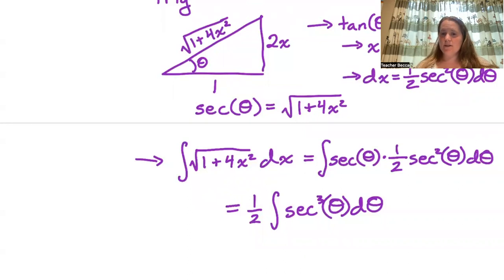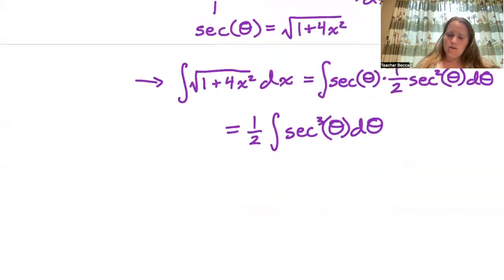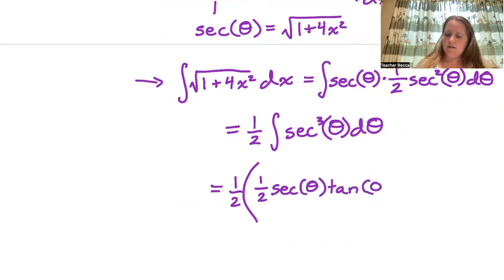Secant cubed is one that we know. So we have 1/2 times, we have 1/2 secant theta tangent theta plus 1/2 times the natural log of the absolute value of secant of theta plus tangent of theta.